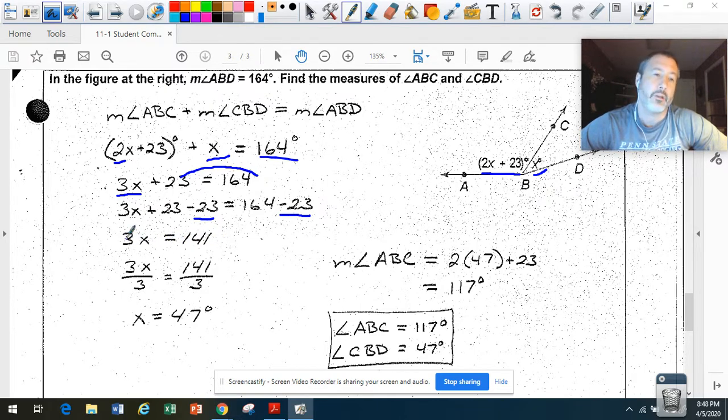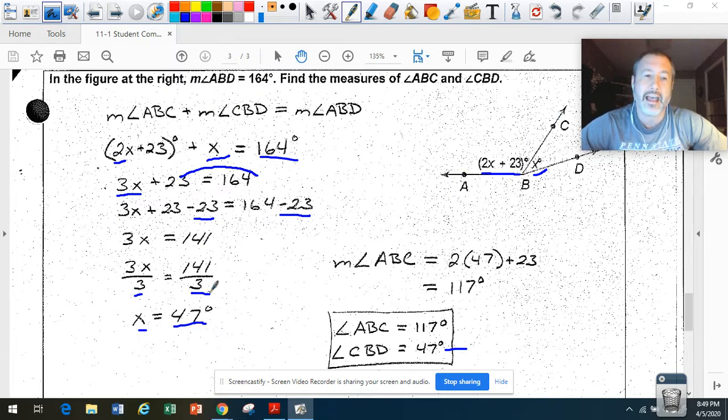What's happening between the 3 and the x? It's being multiplied. The opposite of multiplication is division. So I divide both sides by 3, and x equals 47. Now, that does not mean we are done. We know that x equals 47, so angle CBD, because that's x, is going to be 47 degrees. But we have to figure out what angle ABC is.